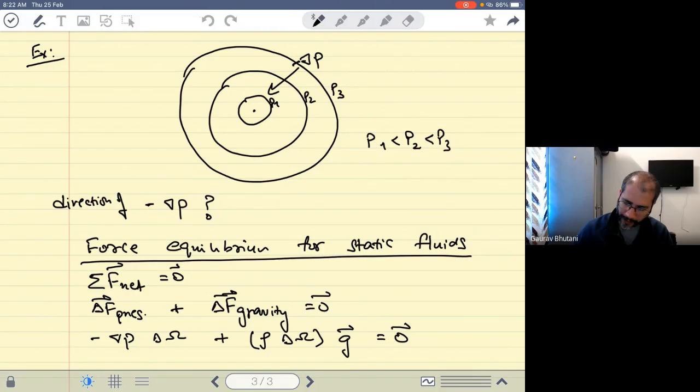So this gives us that grad P in this case is equal to rho g.